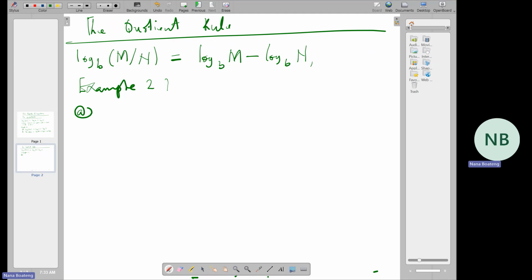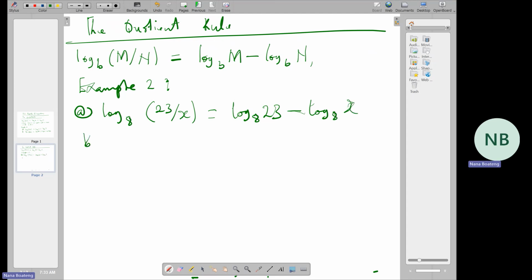So the first example, log to the base 8 of 23 divided by x is equal to the log to the base 8 of 23 minus log to the base 8 of x.